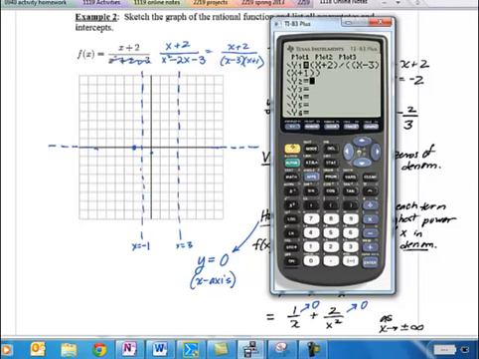So now let's go to the table, and what I'm interested in is what's going on close to x equals negative 1. There's a graph, and we don't care about that. So let's change from auto to ask, and we'll put in values that are close to negative 1.